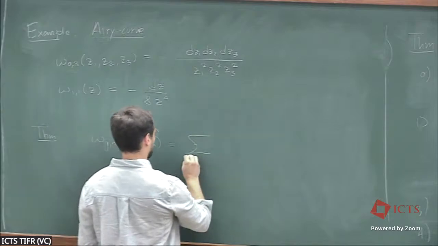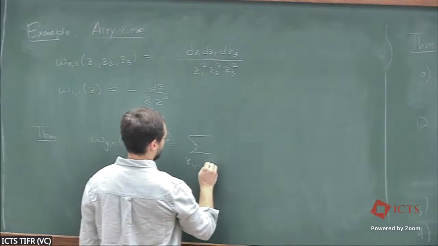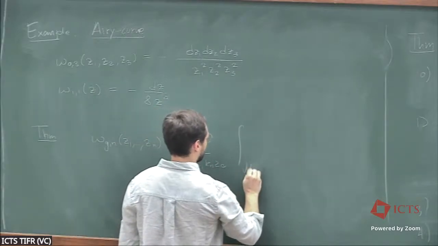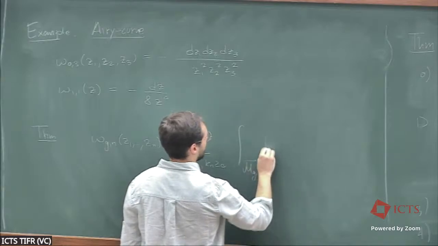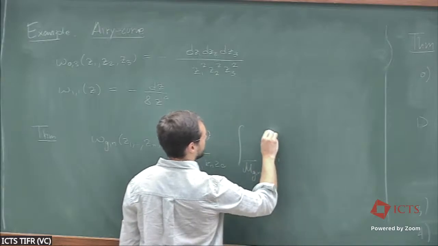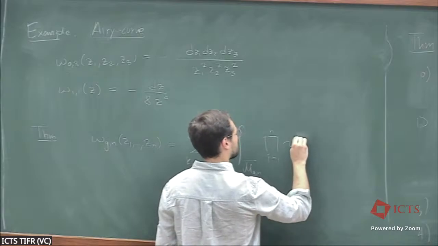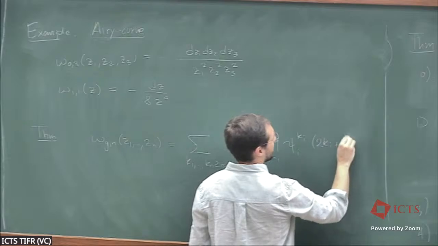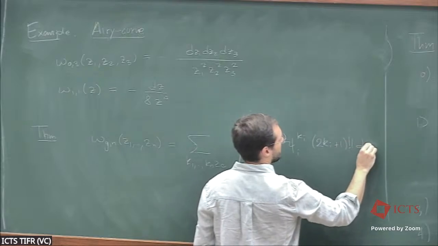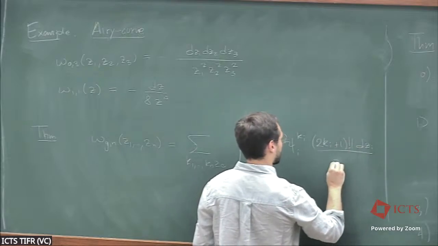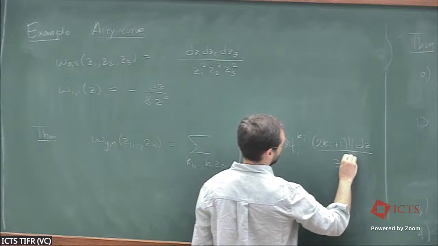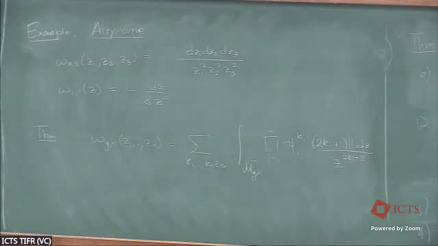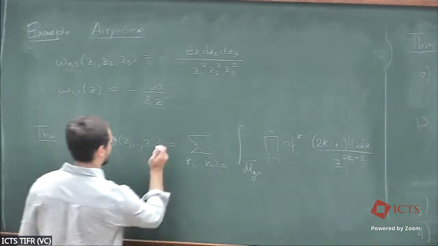So you get something like this: sum over k1 up to kn that are positive, and then here you have the integral over M g,n bar of psi class intersections with some double factorials. And you keep track of them with zi to the power 2ki plus 2. Oh, sorry, and there's a minus 1 to the n.